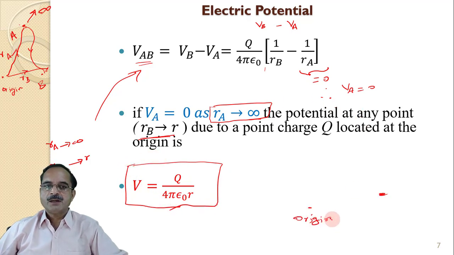This is the origin. So as per this equation, this is potential at this point, which is at a distance of R. And this potential is with reference to a reference potential which is located at infinity. So point A is located at infinity.